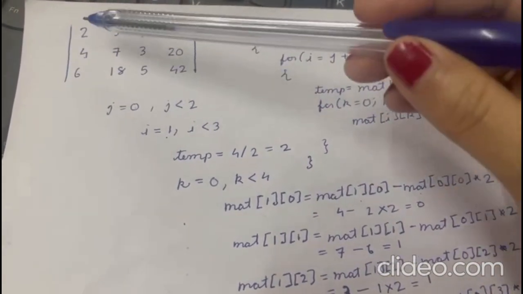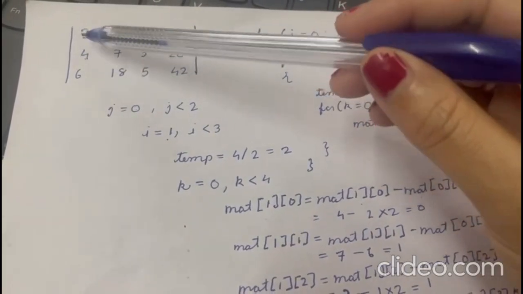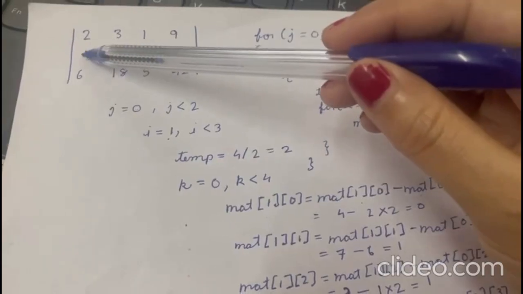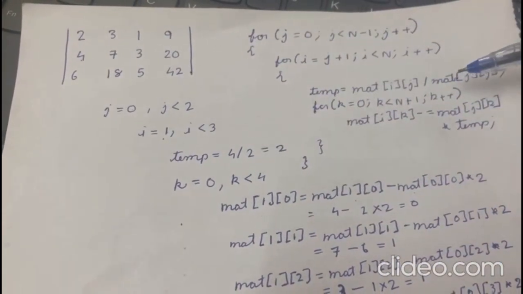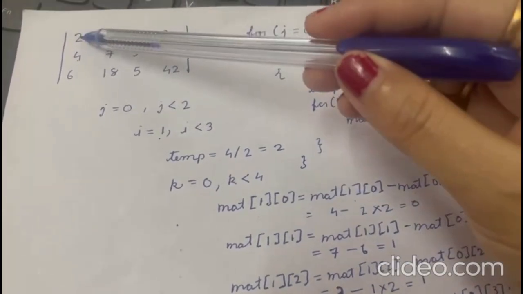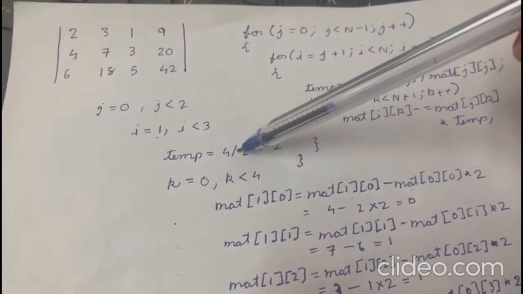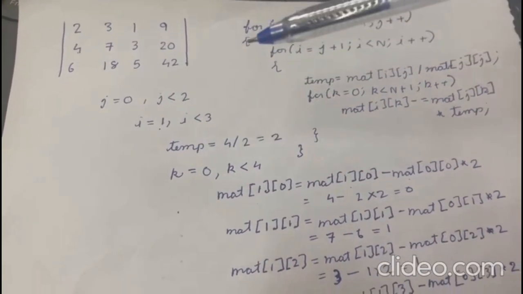So mat of 1, 0 is which value? Row 1 is this one because this is row 0. Row 1, column 0. So this is the value 4. That's why we have written 4 divided by mat of j j. Mat of j j means mat of 0, 0, which is 2. So 4 divided by 2 equal to 2. So we have got the temporary variable.